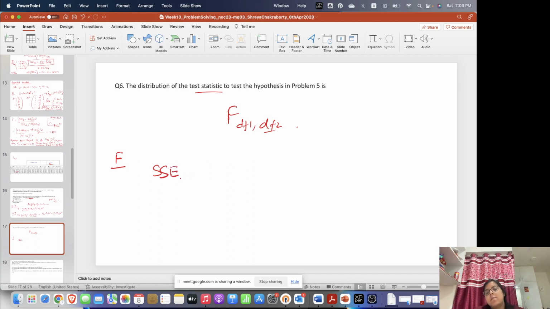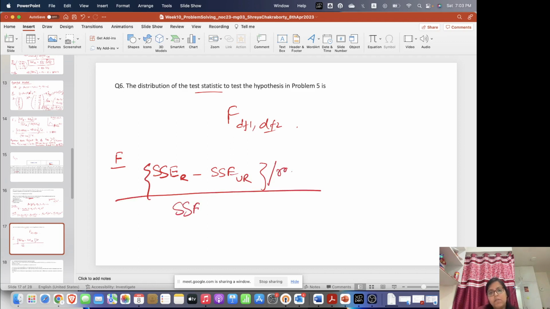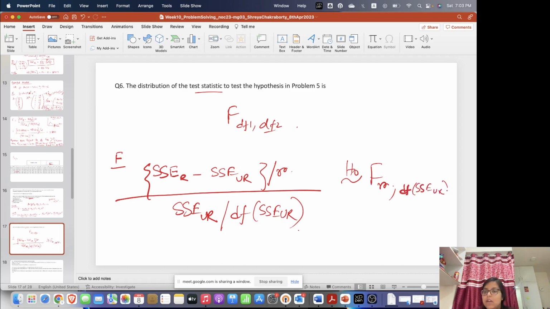So the statistic is the sum of squares error from the restricted model minus the sum of squares error from the unrestricted model, divided by the number of restrictions, by the sum of squares error from the unrestricted model divided by its df. So under H naught, R, the number of restrictions, would be the df1 and df2 would be the df of the sum of squares error from the unrestricted model.